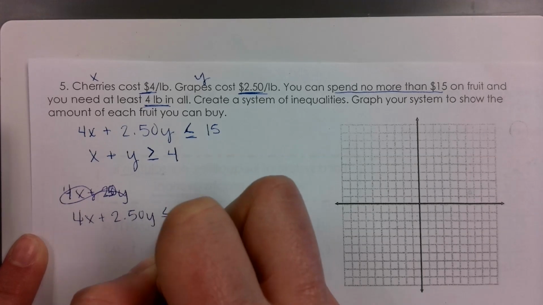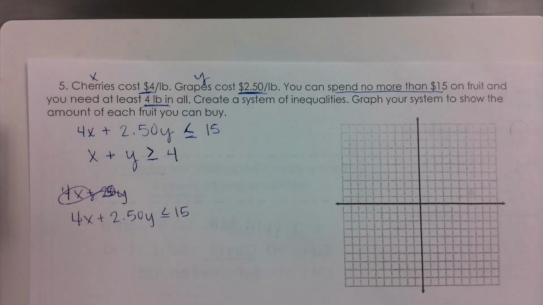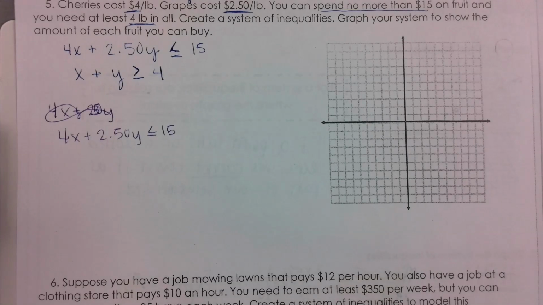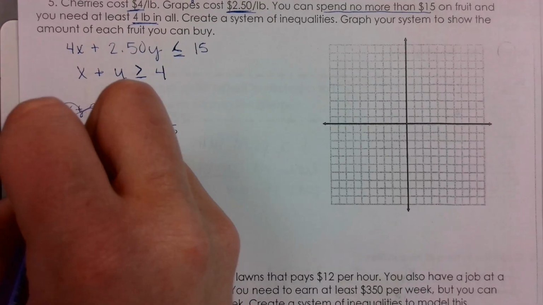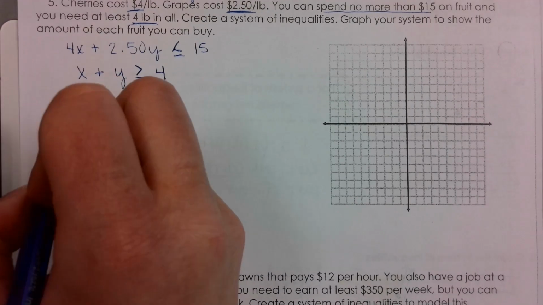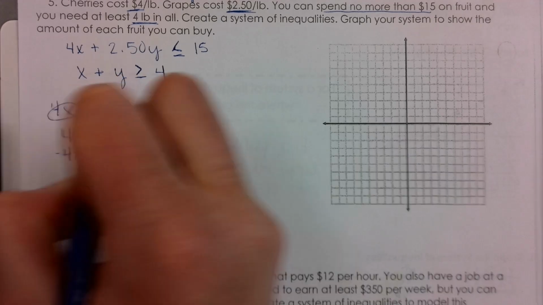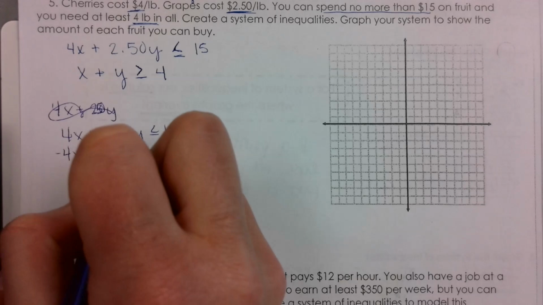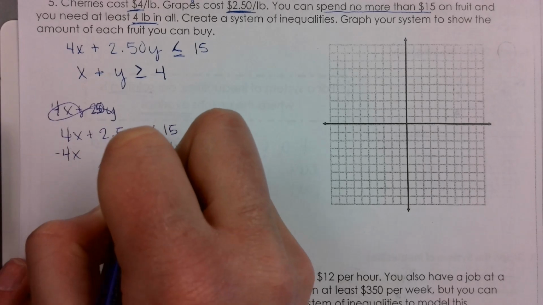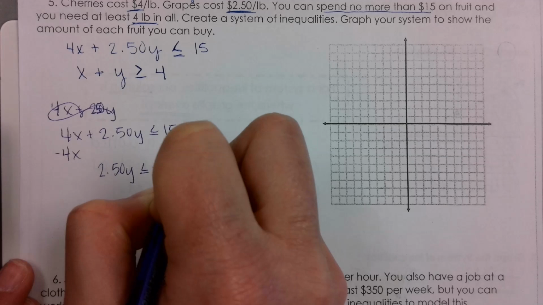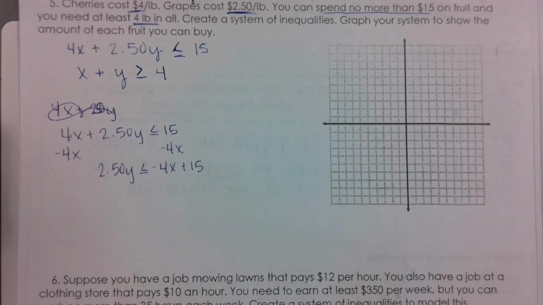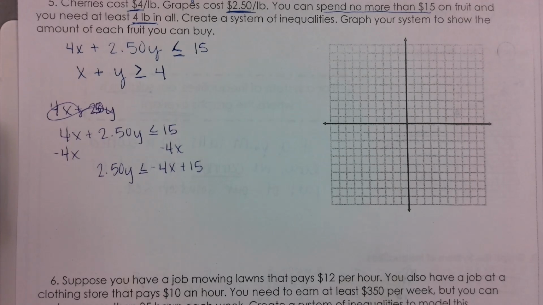Okay, we've got to get y by itself there. Sonia, what's the first thing we need to do? Yep. Minus 4x, good. So we're going to have 2.50y less than or equal to negative 4x plus 15. Haley, what do we do from there? Divide by 2.50.